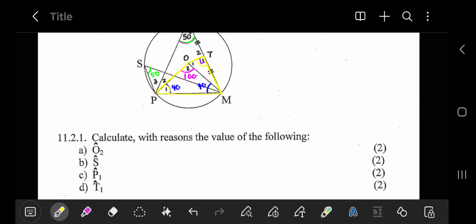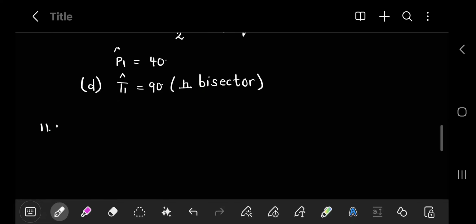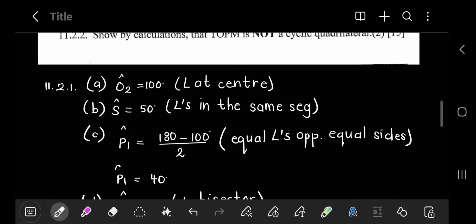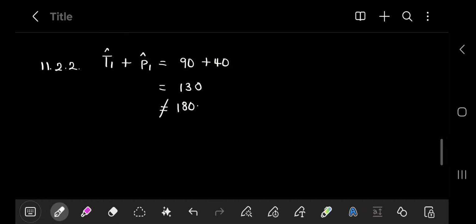So all we have to do here is show that we are adding those opposite angles, and they were T1 plus P1. So angle T1 plus angle P1 is 90 degrees plus 40 degrees, which is 130 degrees. That is not equal to 180.